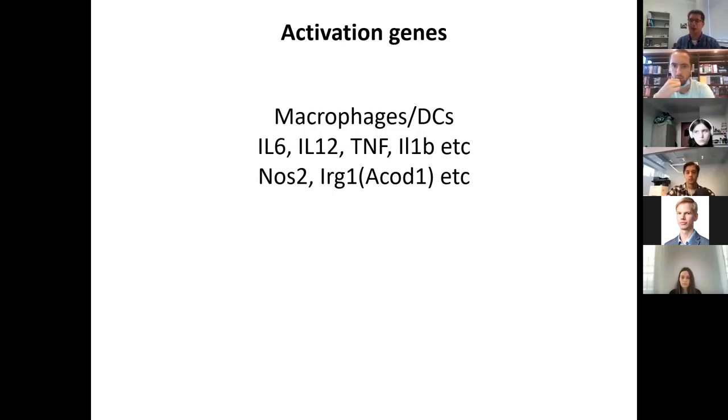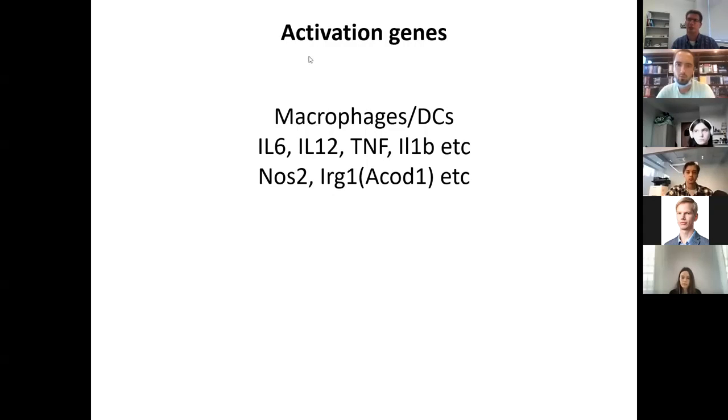You'll get to see, again, in the bulk RNA sequencing and bulk microarray data, how these genes are going up quite literally in your hands, computationally at least.